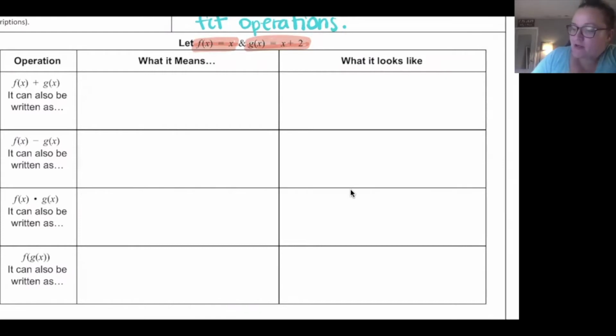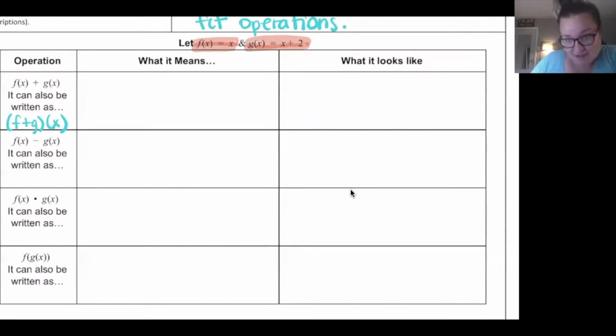So you might see something written as f of x plus g of x. Well, this can also be written as f plus g of x. Those two things mean the same thing.